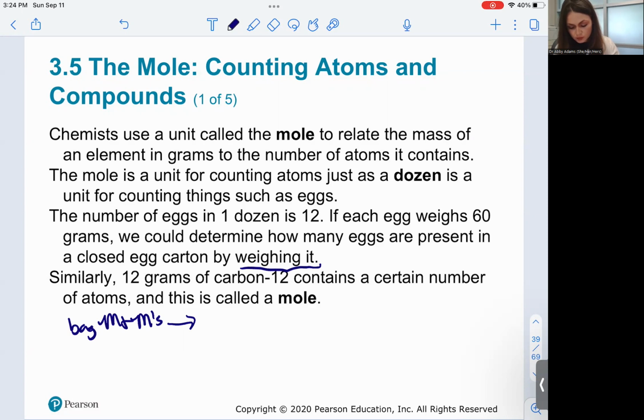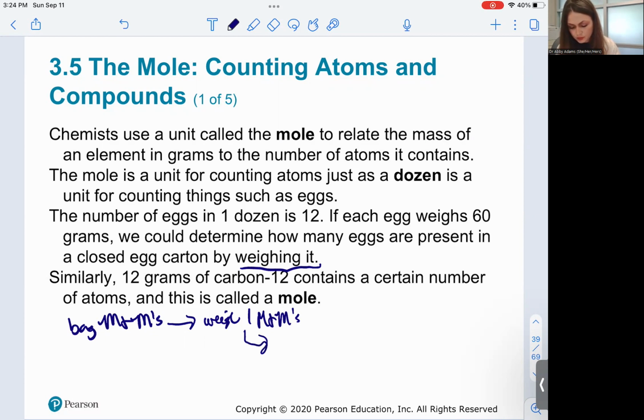Let's say you get the mass of one M&M, but you want to know how many M&Ms are in that bag. Well, what's something that you could do? You could just weigh one of those M&Ms rather than count all of the M&Ms. That would take a while.